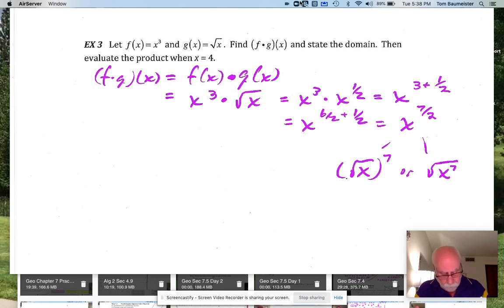So let's go ahead and see what's our domain of f of x. Well, f of x is x cubed, so we know it can be anything. So that would be negative infinity to positive infinity, or all real numbers.